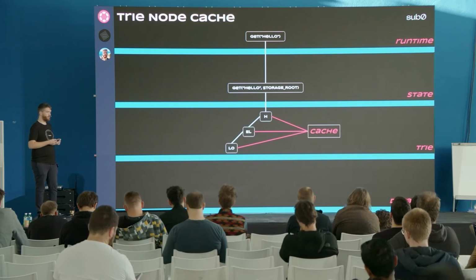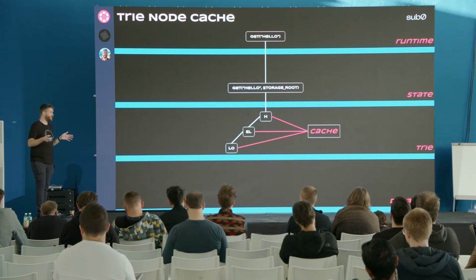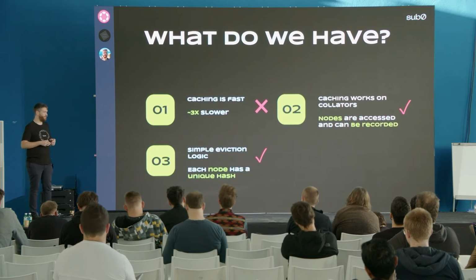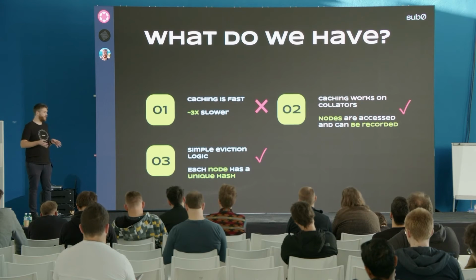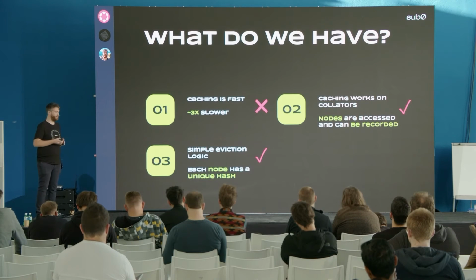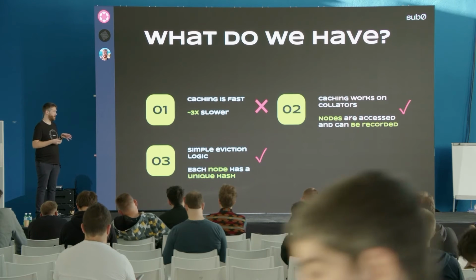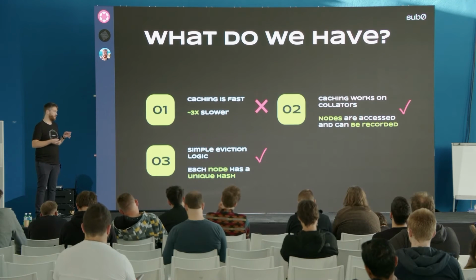So we did what we have done before. We were running our benchmark. Our benchmark revealed, okay, we are still 3 times slower. Still not in the range that we wanted to achieve. The good thing is that our other 2 requirements are still fulfilled.